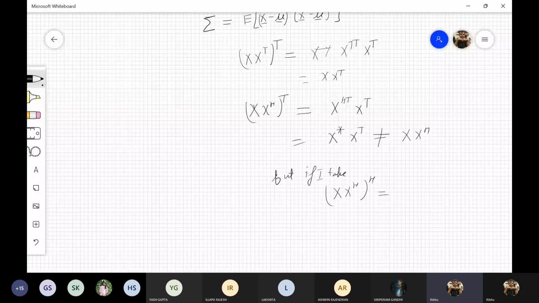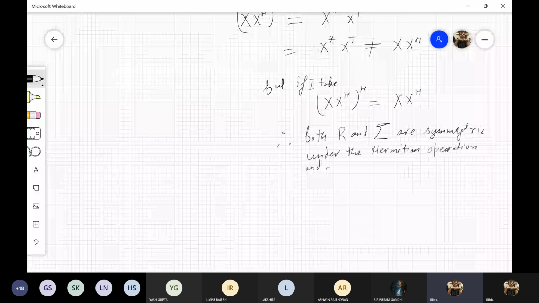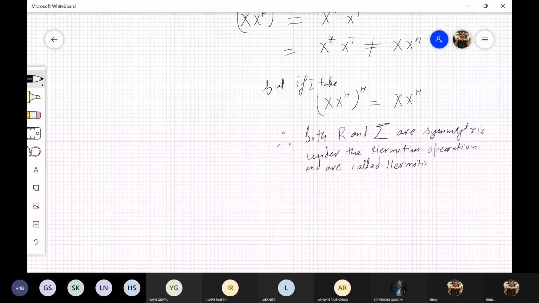Therefore both R and sigma are symmetric under the Hermitian operation and are called Hermitian symmetric. So sigma Hermitian equals sigma.